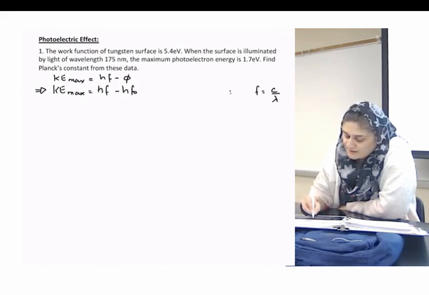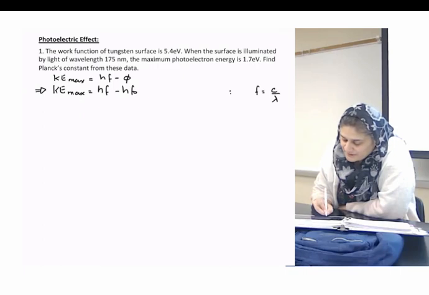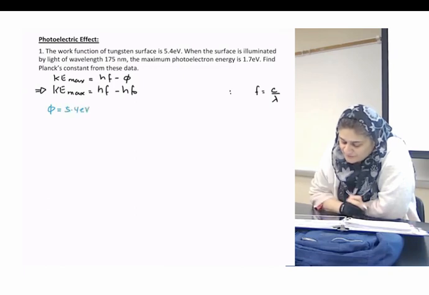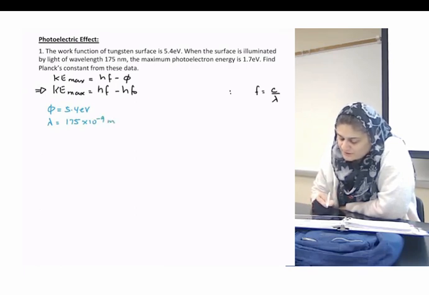So now what all are given to us? We are given the work function for tungsten, 5.4 electron volts. We are given the wavelength that is incident, 175 times 10 to the minus 9 meters, nanometers.